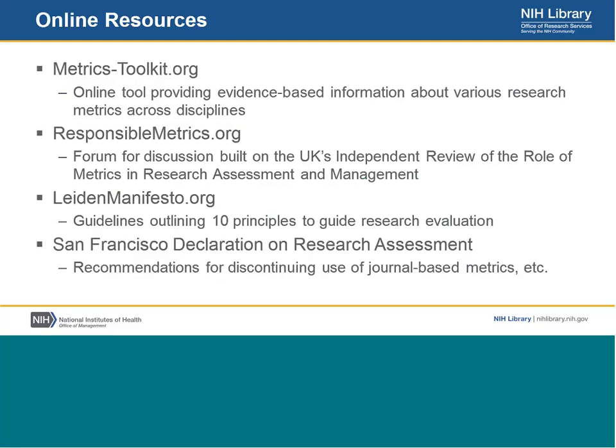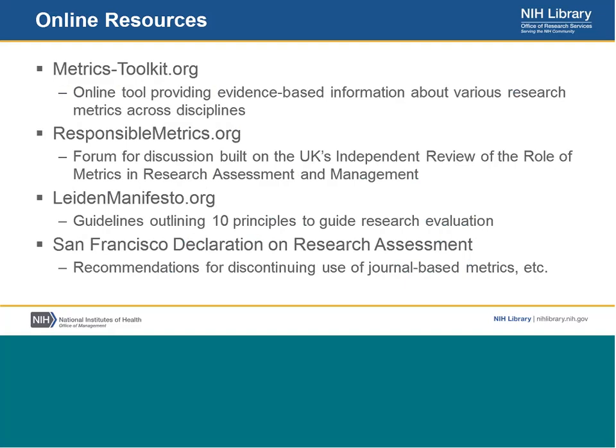Here are a few online resources. In addition to the Leiden Manifesto and the DORA statement that have already been talked about in earlier sessions as part of this training series, there's also responsiblemetrics.org, which is a forum for discussion built on the UK's independent review of the role of metrics in research assessment and management.